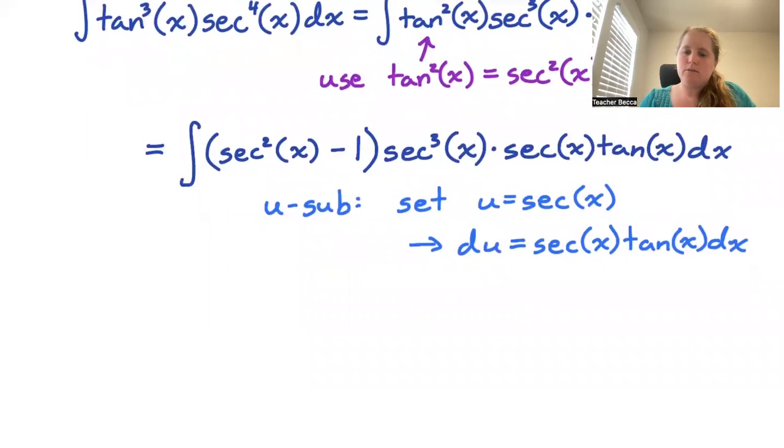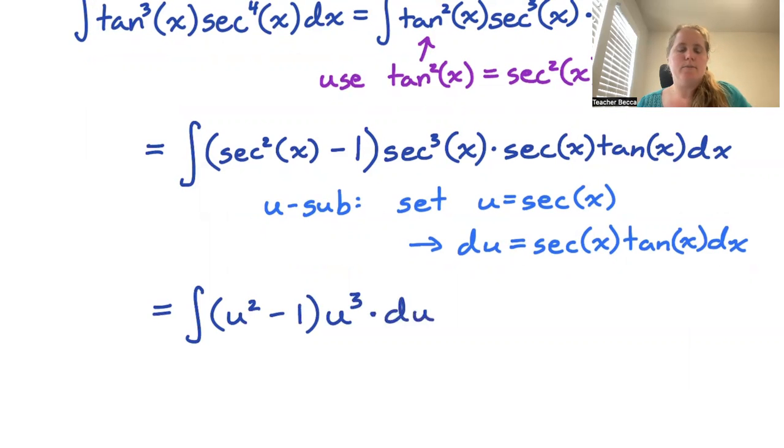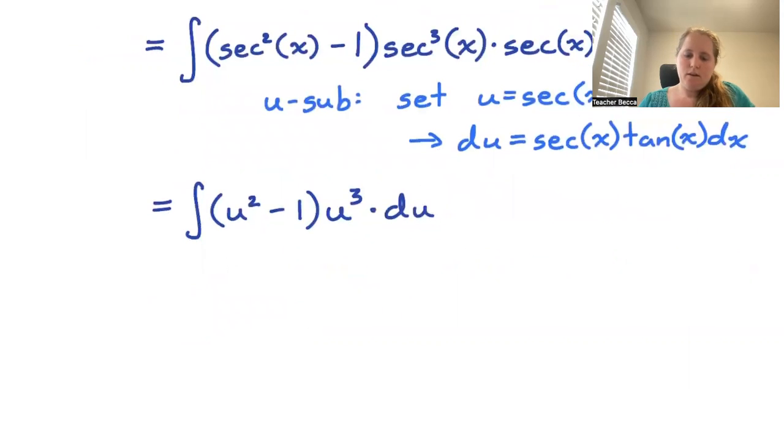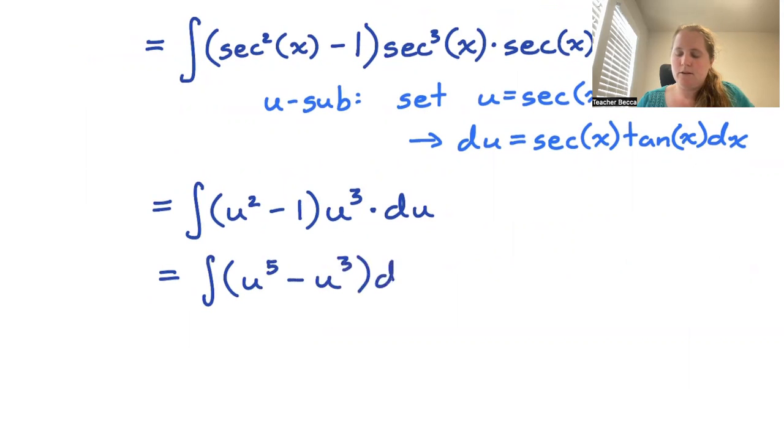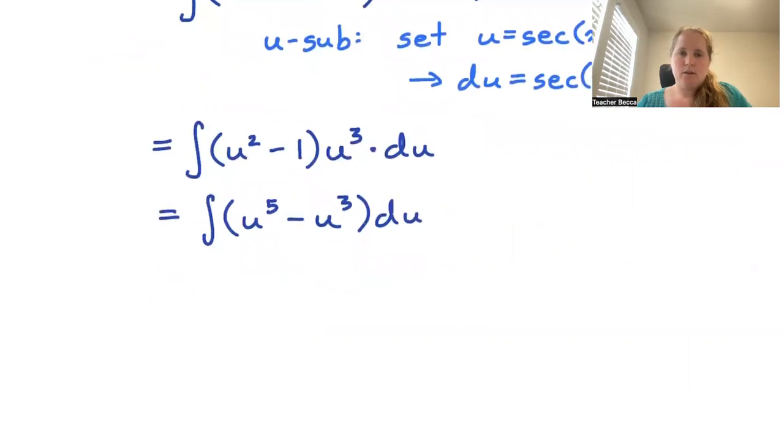So this leaves us with the integral of u squared minus 1 times u cubed du. This is equivalent to the integral of u to the 5th minus u cubed du, which of course is 1/6 u to the 6th minus 1/4 u to the 4th plus c.